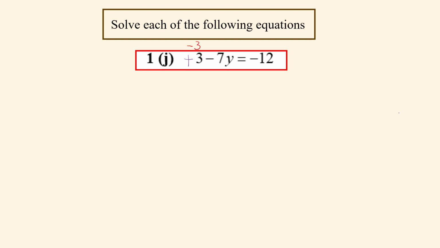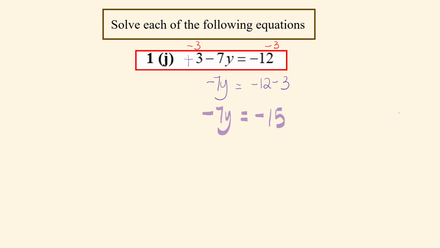And because we're solving an equation, whatever you do on the left-hand side, remember you have to do the same action on the right-hand side. So the next step becomes negative 7y equals negative 12 minus 3, and negative 12 minus 3 gives you negative 15.